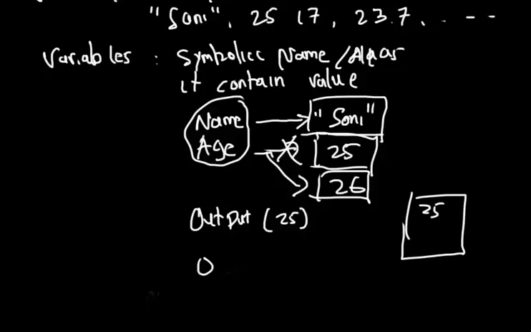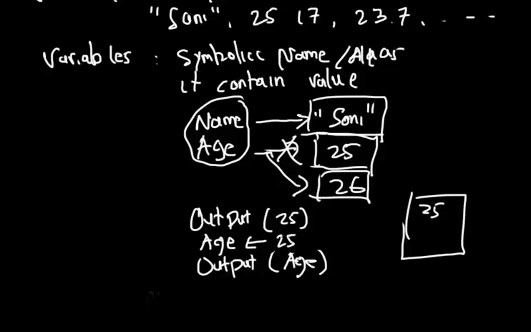But if you use, for example, the variable age, and then we assign, okay, I will explain this later, we assign age to 25 first. Now it will display 25.